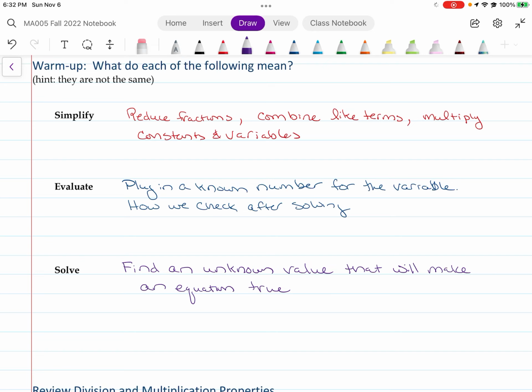So we only solve when we are working with equations, only with equations. We evaluate when we're talking about expressions. It's not equal to anything, it's just an expression. Simplify can be anything, right? We can simplify an expression, we can simplify a fraction, we can simplify an equation.